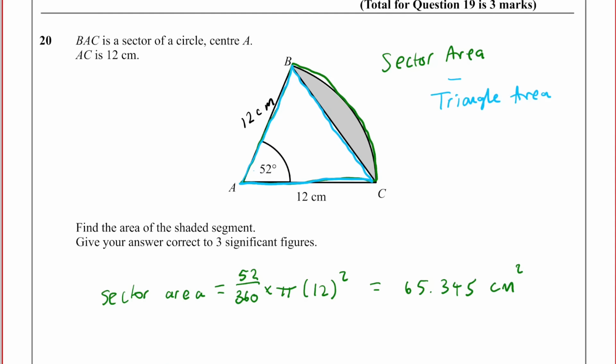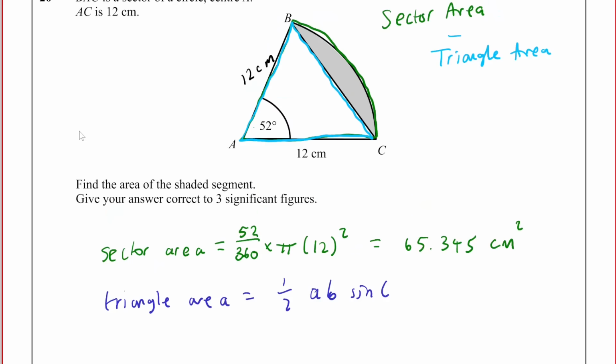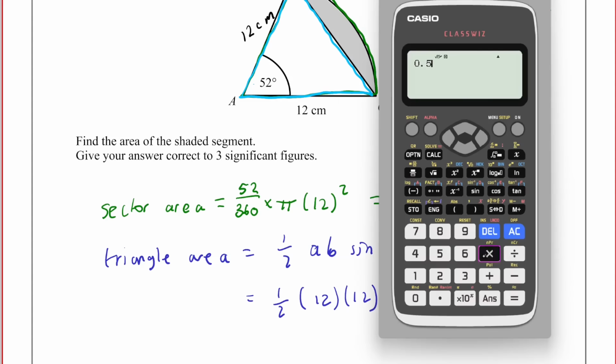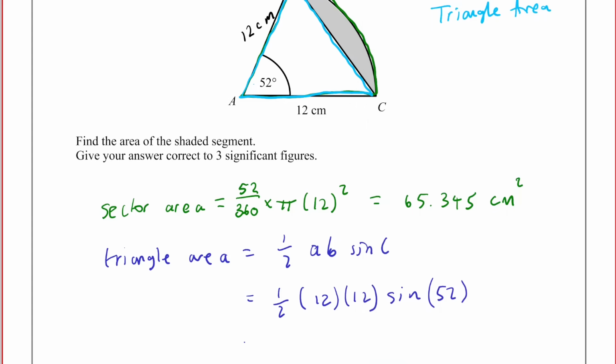The triangle area is half ab sine C. The area of a triangle is half ab sine C. So it's half times 12 times 12 sine 52. Half times 12 times 12 sine 52 is 56.737.